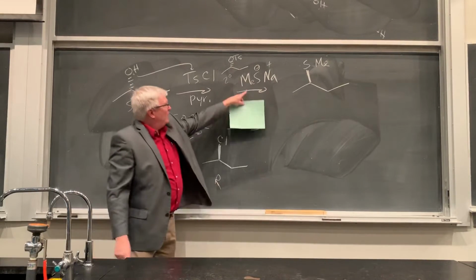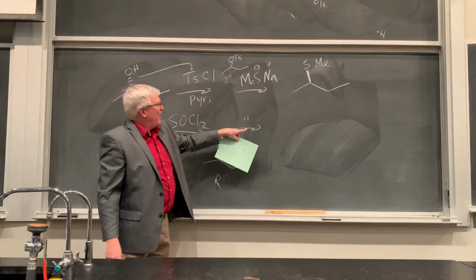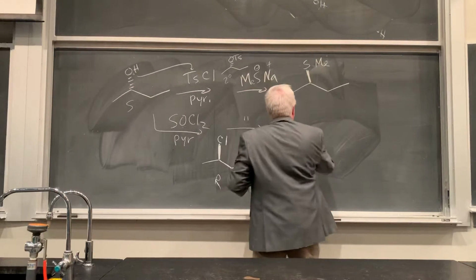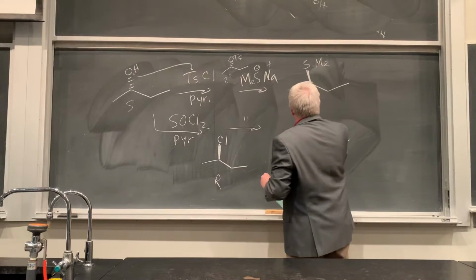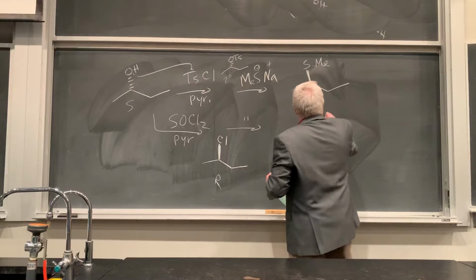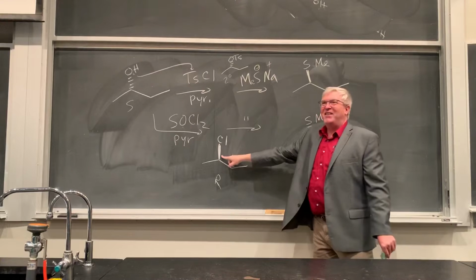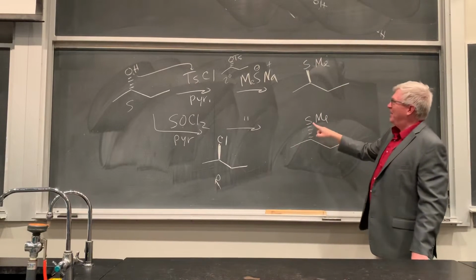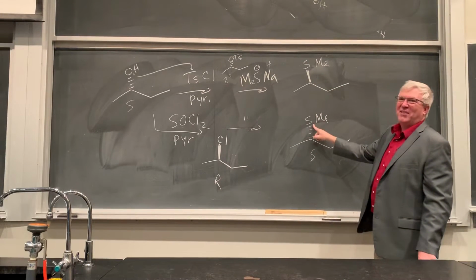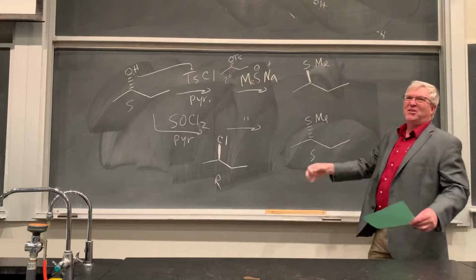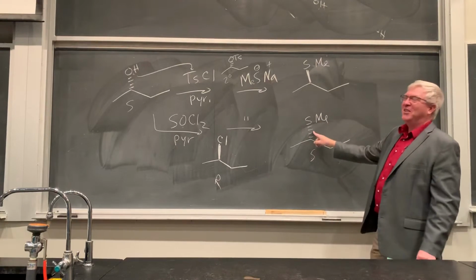And now the same conditions here. Treat with the methyl sulfide anion. And what do we get? We get the same methyl sulfide, but we get a second inversion. So one inversion here with the thionyl chloride, another inversion here, which retains that stereochemistry as S. So two inversions equals what? Net retention, you could say.